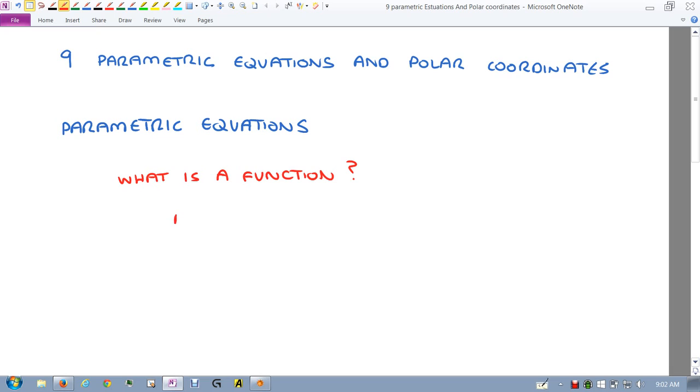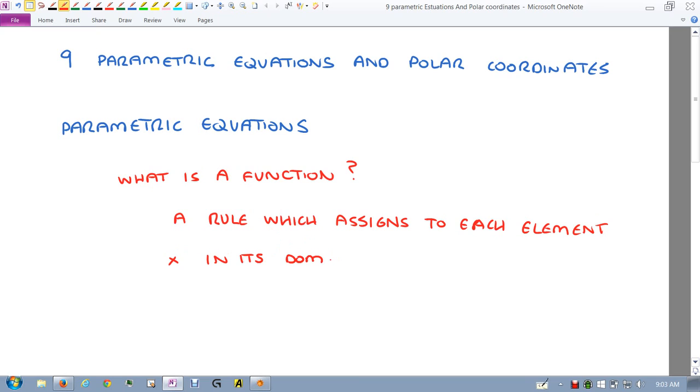A function is a rule which assigns to each element x in its domain exactly one element, which we often called f of x or y.